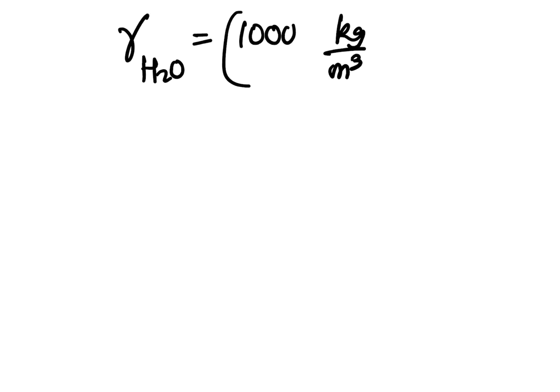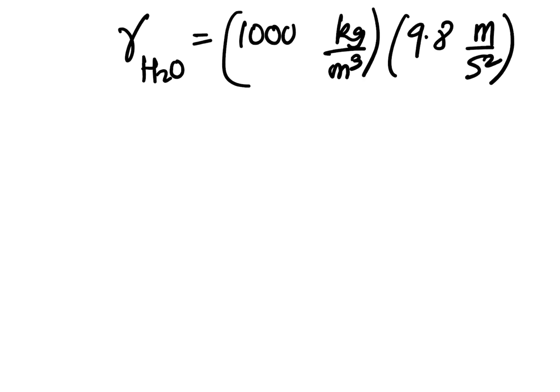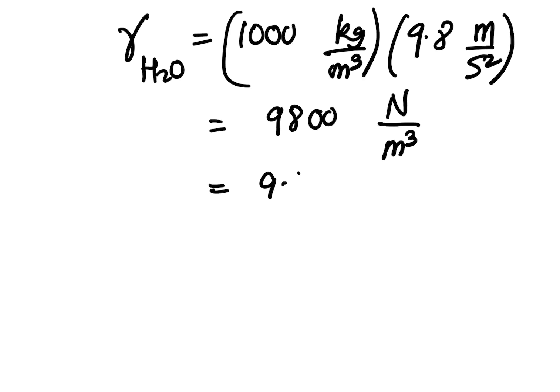Usually gamma is expressed as, for water, 1000 kilograms per meter cube times 9.8 meter per second squared, and this is usually written as 9800 newtons per meter cube, or 9.8 kilonewton per meter cube.